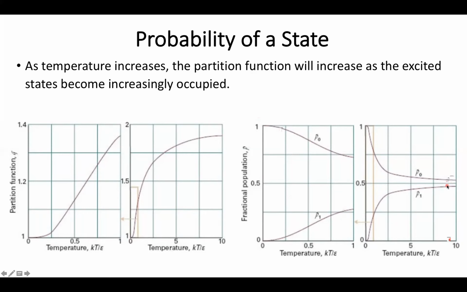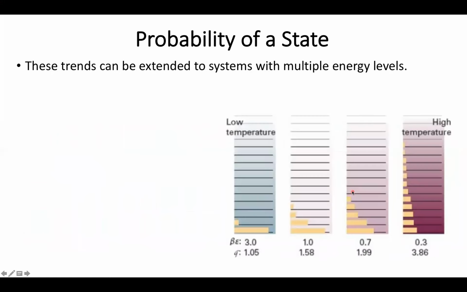So again, this ratio of temperature to energy level really is going to dictate where we tend to find our particles. And again, it is worth noting that it's easiest to demonstrate this with, say, a two-state system. You can also demonstrate this with systems where there are multiple energy levels.